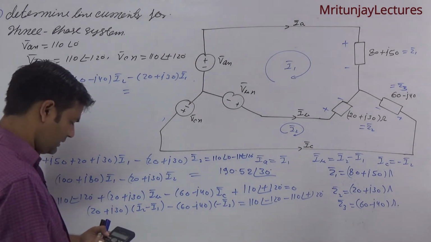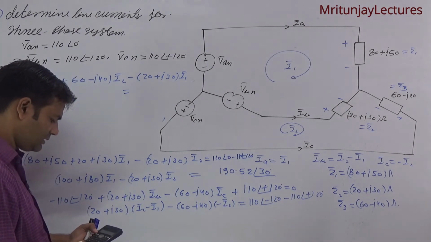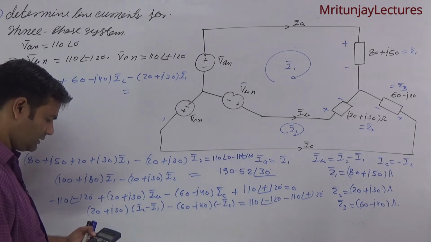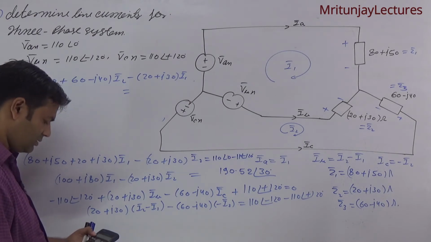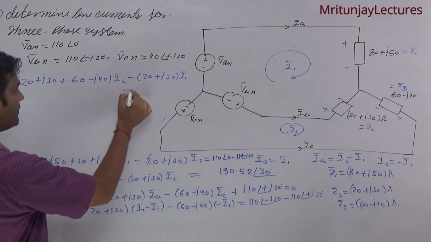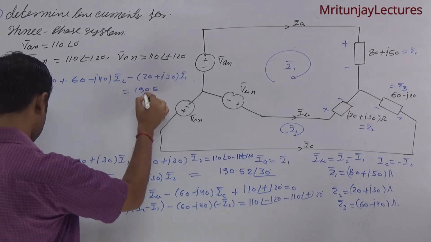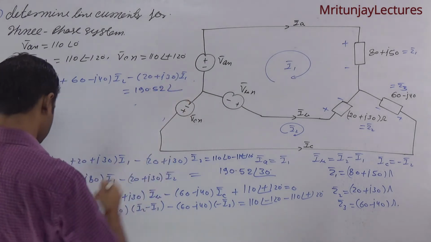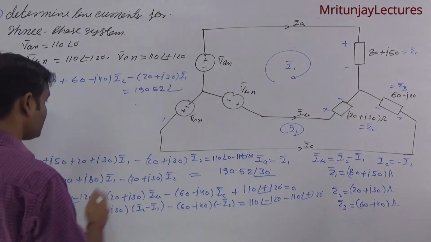This will be equal to 190.52 at the angle minus 90.